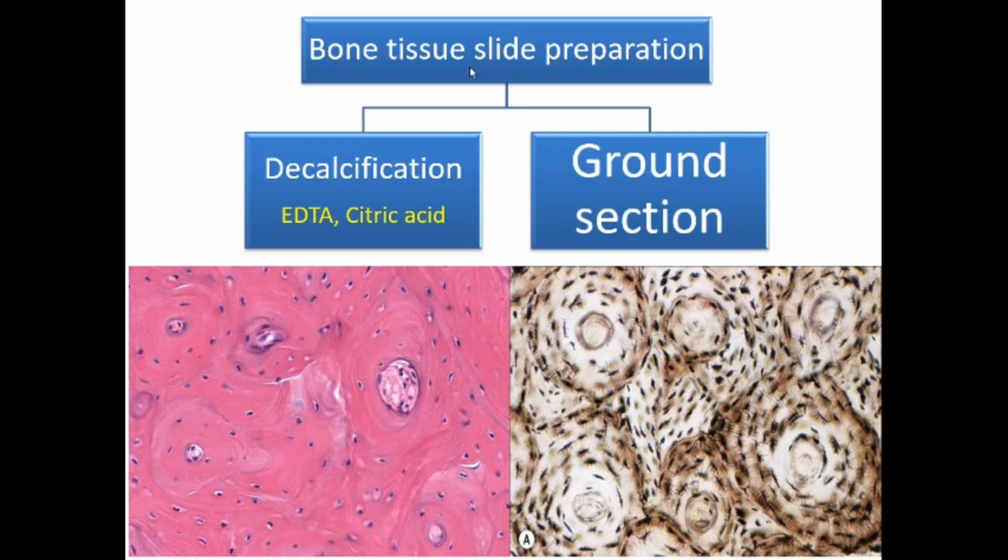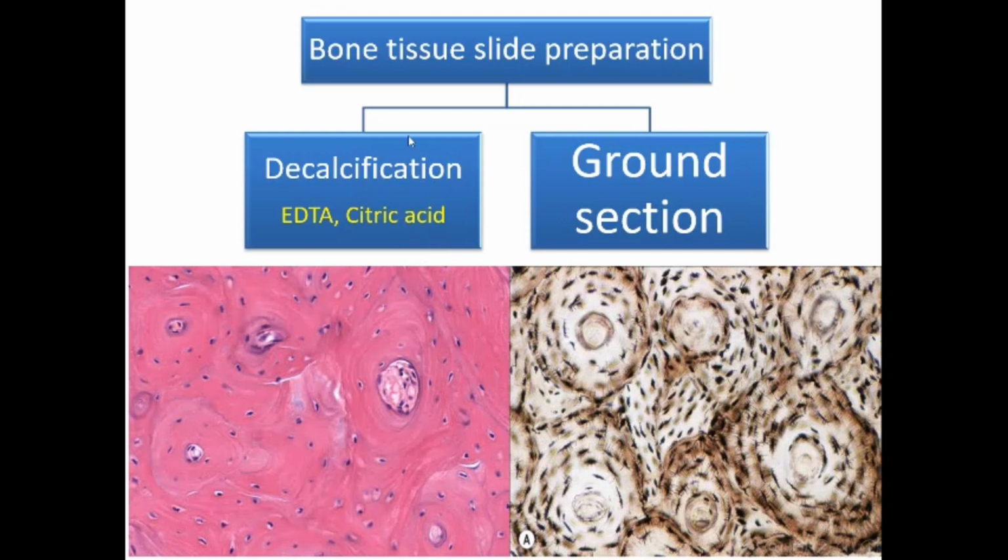The first method is decalcification. It means we first soften the bone with a decalcification solution, for example EDTA, citric acid, and other acids at a low concentration.